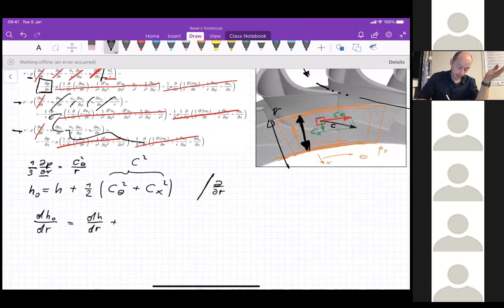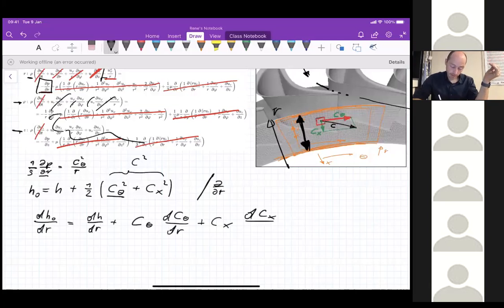And then, of course, the derivative of c theta squared with respect to r is nothing else than 2 c theta dc theta/dr. Then the 2 cancels out and I get c theta dc theta. If you are very eager, you can also do it yourself quickly and check that I don't make any mistakes. But of course, this is pretty clear.